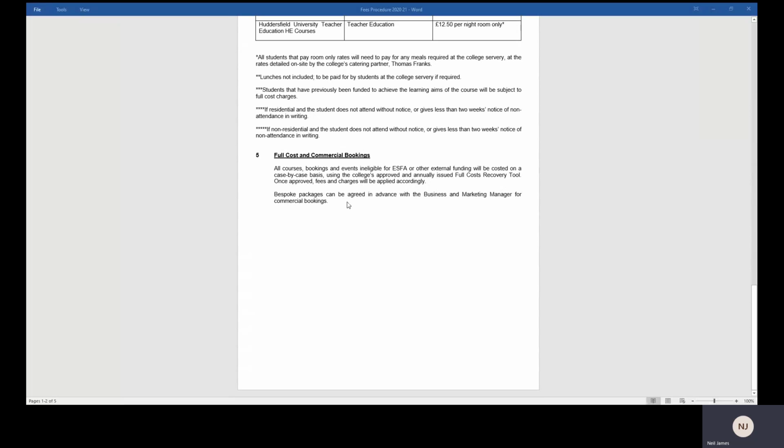And basically if you have a group or a company that wants to make a bespoke booking, then you would need to speak to Sarah Taylor as business and marketing manager, and she will discuss any kind of bespoke packages for them with you, and that would be agreed and signed off before the booking was agreed. Okay, that's the end of that document.